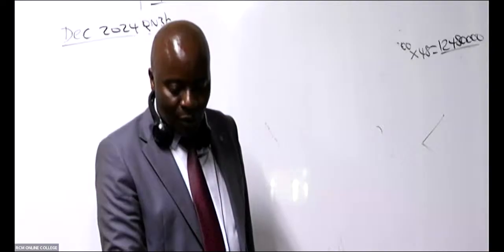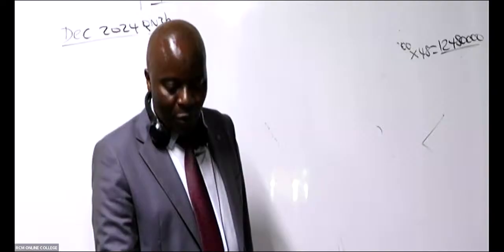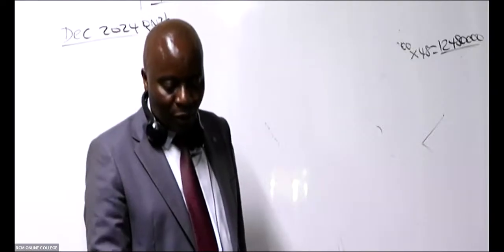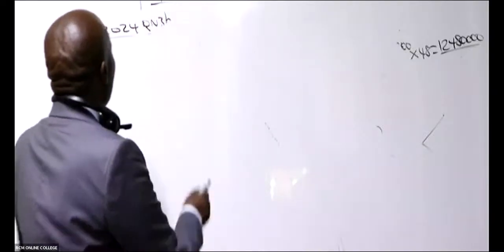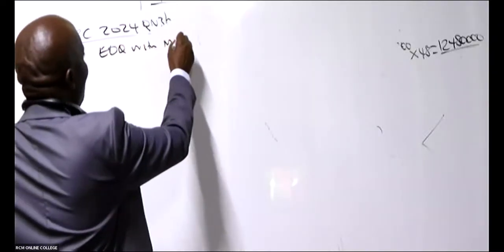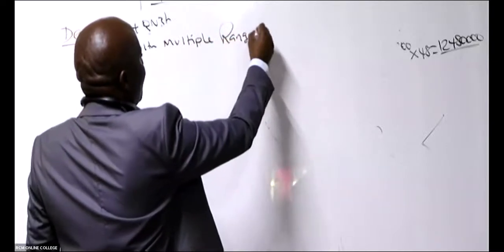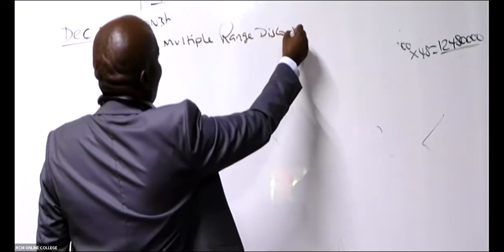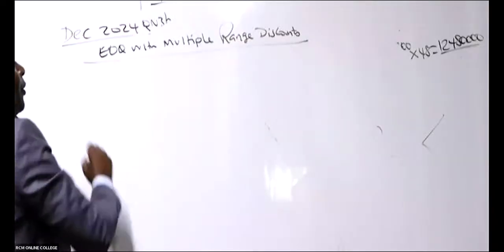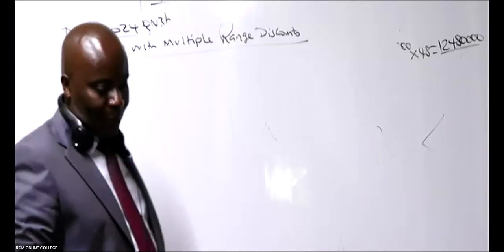So I want us to straight away go to EOQ with multiple range discounts. Multiple range discounts. Very, very important before we look at something different.